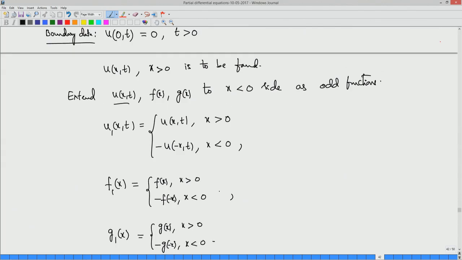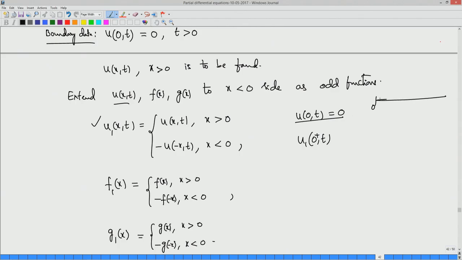By doing this you can see that now we use u at 0, t equal to 0. If this is 0, you want the function u1(x,t) to be a continuous function. Taking the positive side, u at 0, t means you know only the positive side, this is 0.